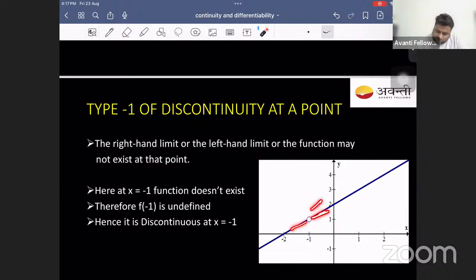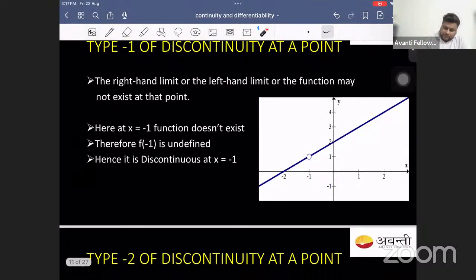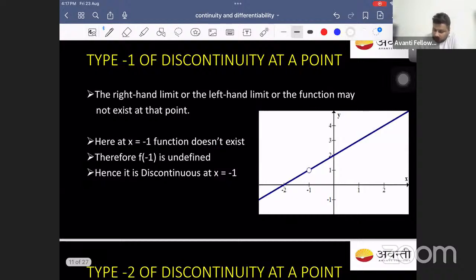Like in this diagram, if you see, the left hand and right hand limits both exist. They both are the same, but the value of the function at that point is non-existing. So this type is when LHL is equal to RHL, but not equal to f of minus 1.